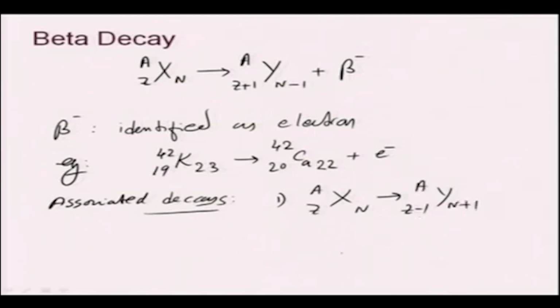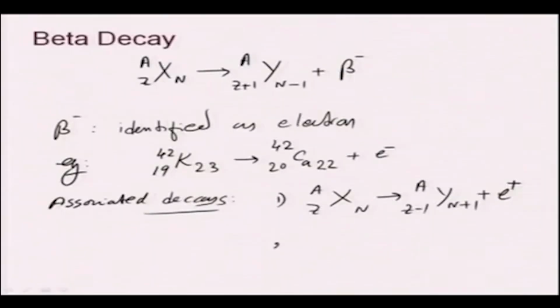Here the nucleus X has Z positive charges, Z number of protons in units of proton charge, and Y has Z minus 1 positive charge, and therefore the emitted particle will have 1 unit of positive charge.